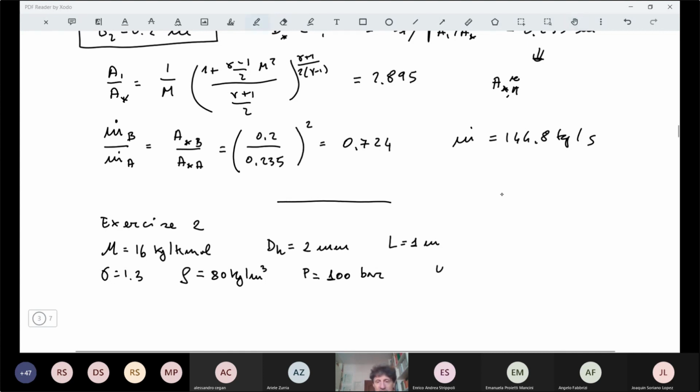So we know that the inlet velocity is 50 meters per second and the friction coefficient is 0.05. And we would like to evaluate the resulting pressure losses.